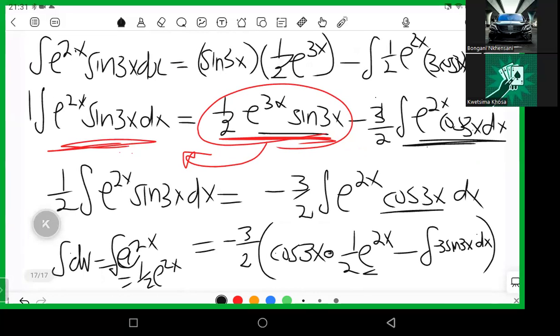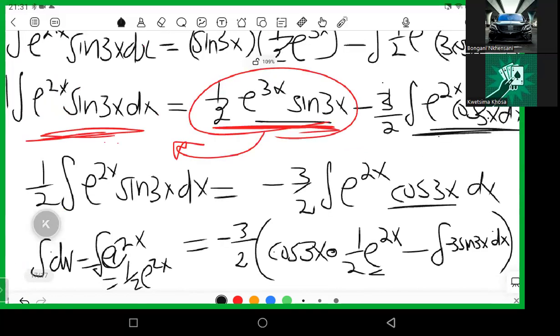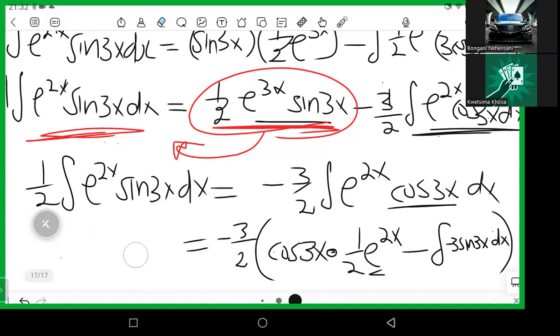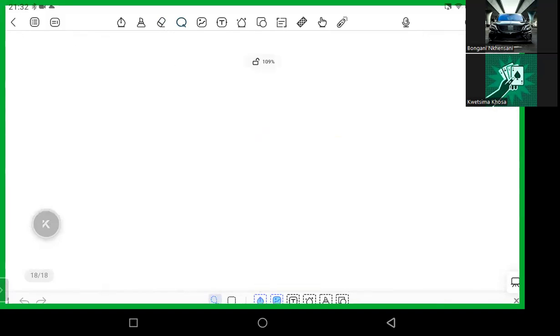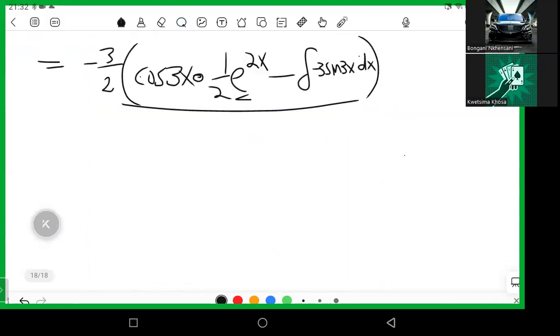Let me copy this to the next page. This is what we are having, right?